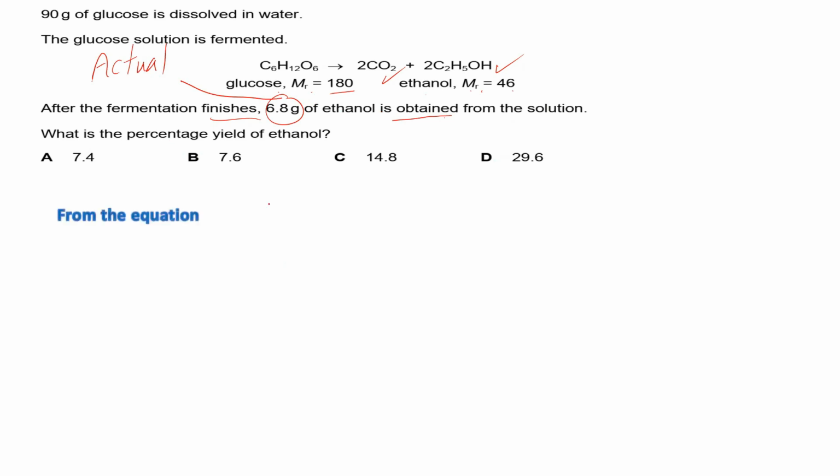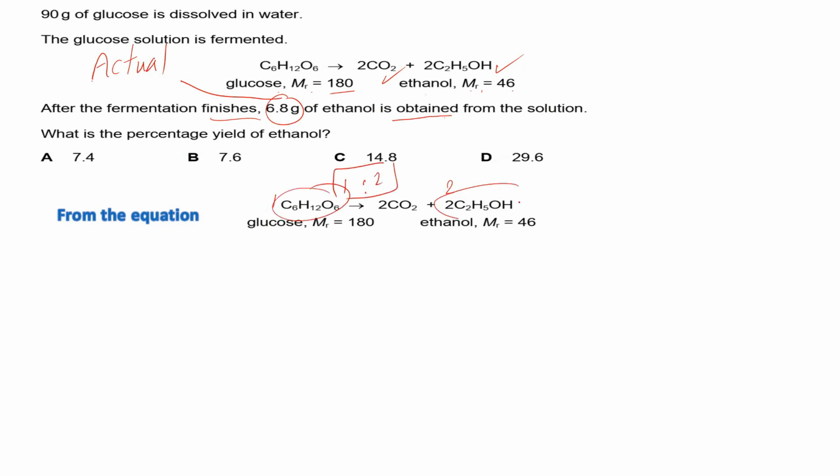According to the given equation, 1 mole of glucose is fermented to give 2 moles of ethanol. So the ratio between glucose and ethanol is 1 to 2.